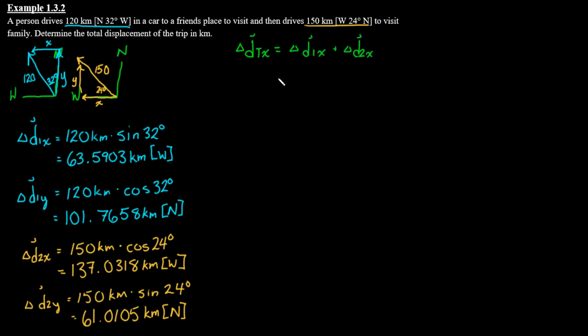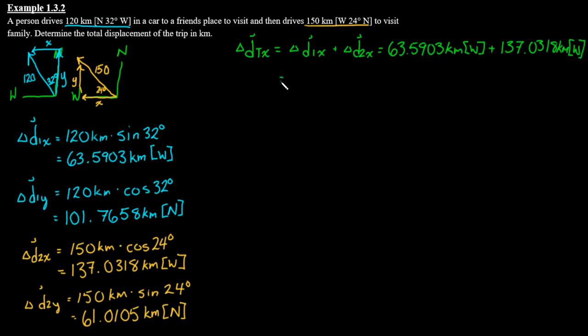So this was 63.5903 kilometers west plus 137.0318 kilometers west.